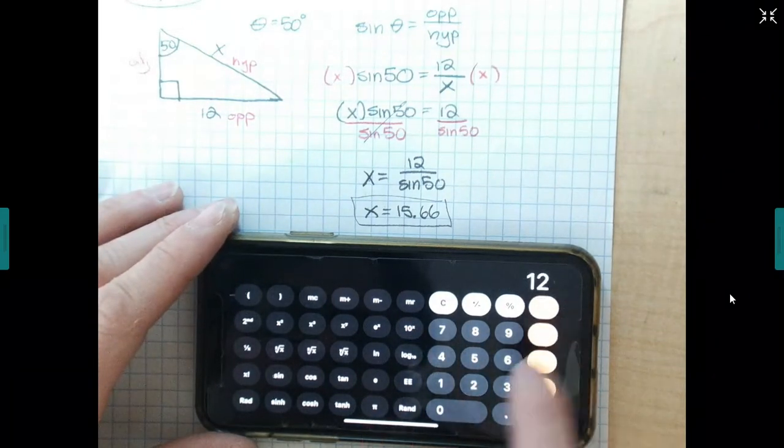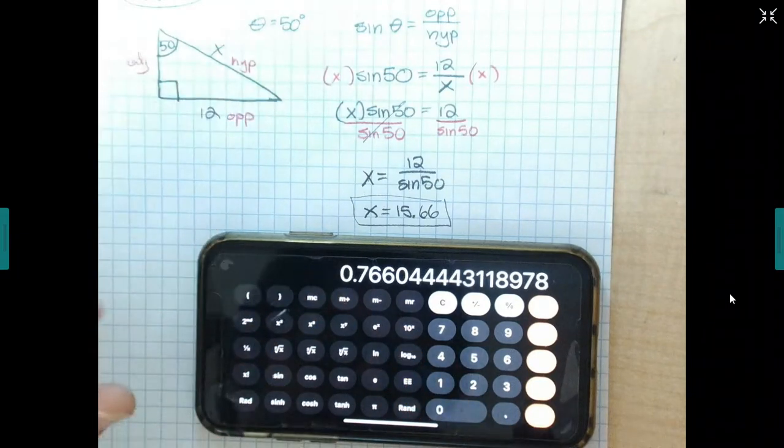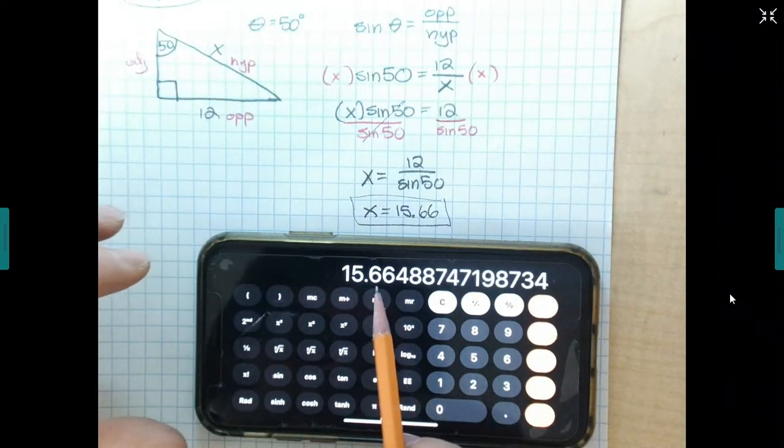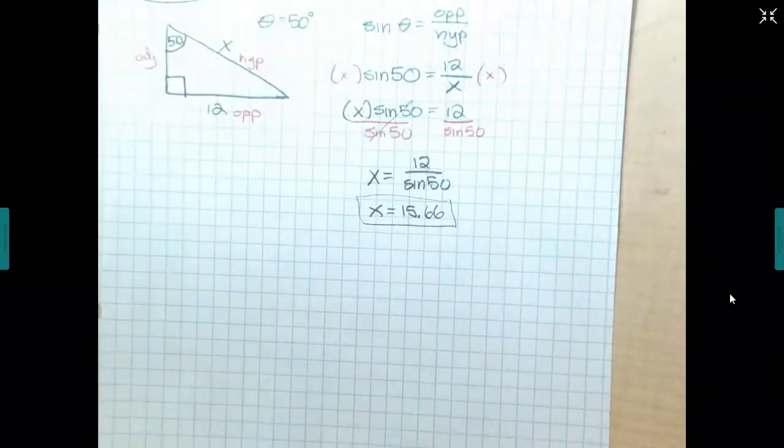So 12 divided by 50 sine, which is 0.76, gets you 15.66. So that's how you can do it on your phone.